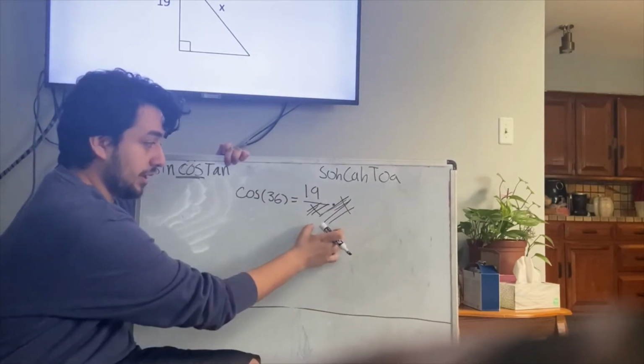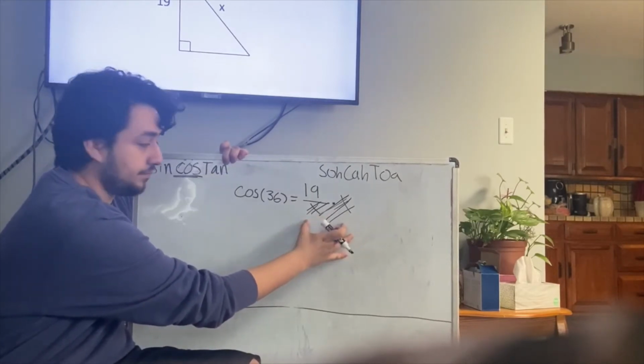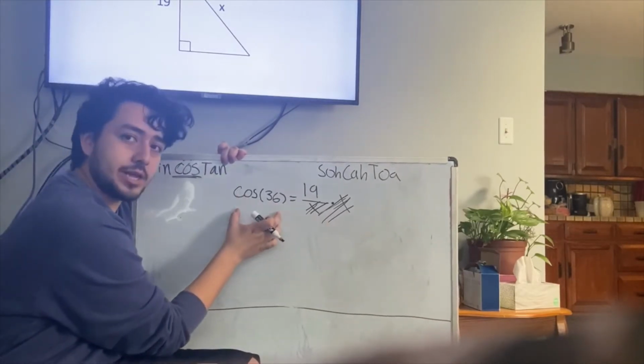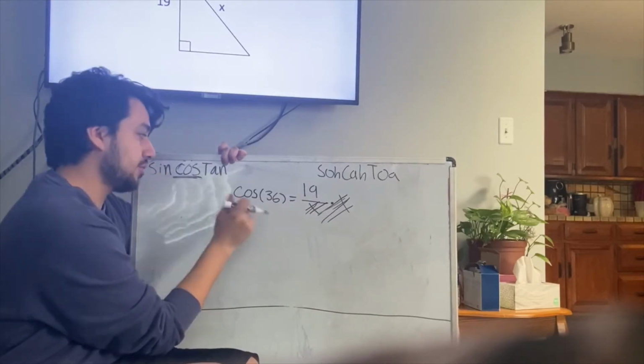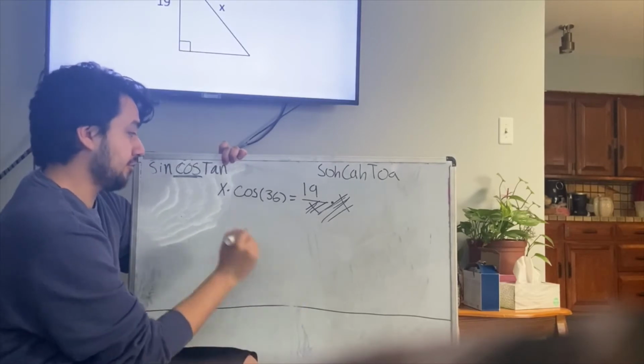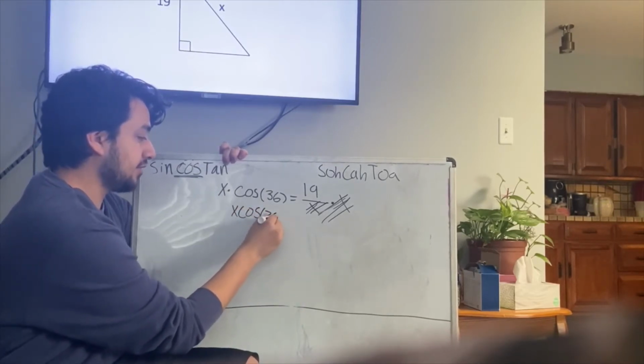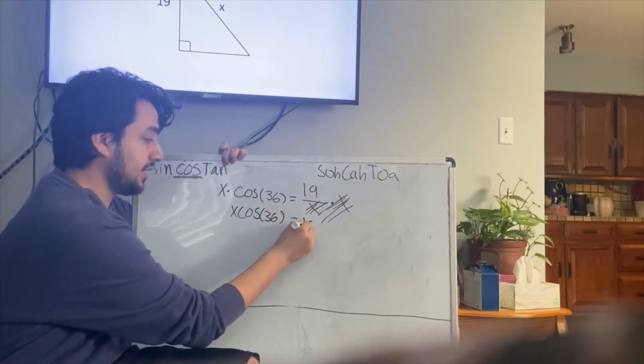Well, what did we just do to the right side? We multiplied by x. So what do we need to do on our left side? Also multiply by x. Okay? So now we have x times cosine of 36 is equal to 19.